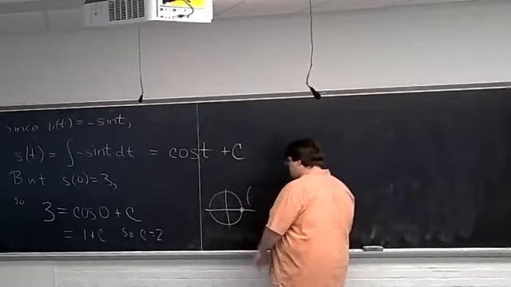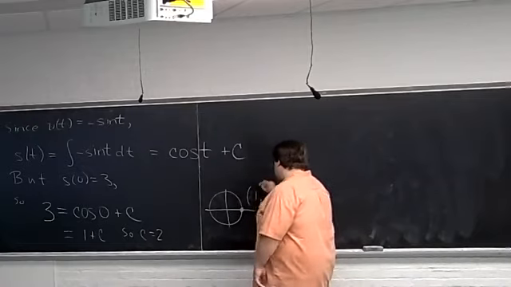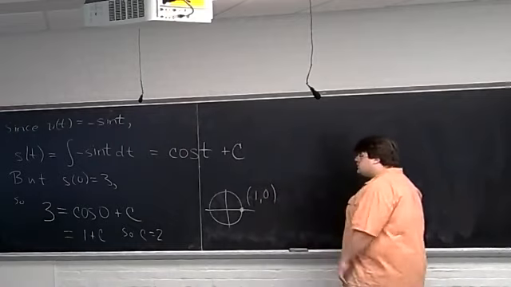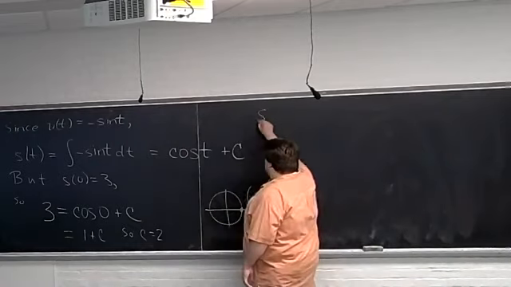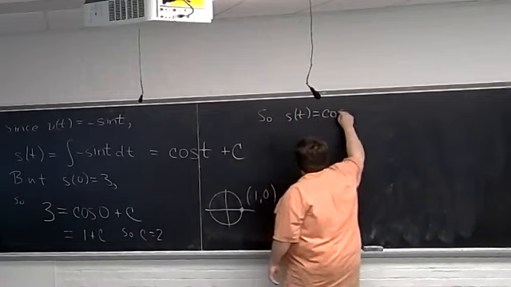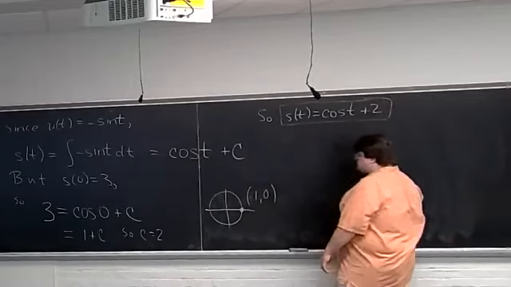Angle 0 over there, 0 units around the circle. We're going to carry 1, 0. Cosine is the x value, so cosine 0 is 1. So that gives us c equals 2 in this case. So the specific position function we want is cosine of t plus 2.